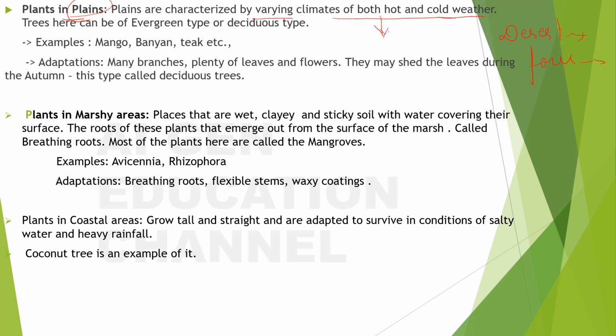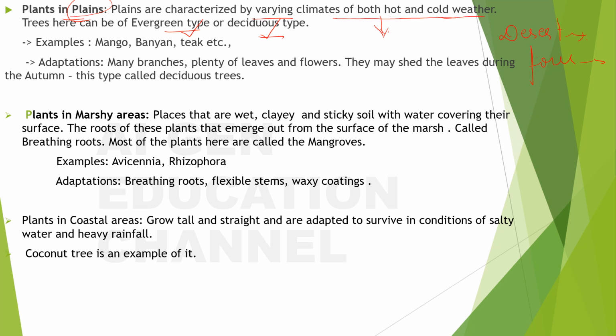They can be of many types. Trees here can be of evergreen type or deciduous type. There'll be many types of plants present in the plains, but here we shall categorize them in a broad categorization: evergreen type or deciduous type.